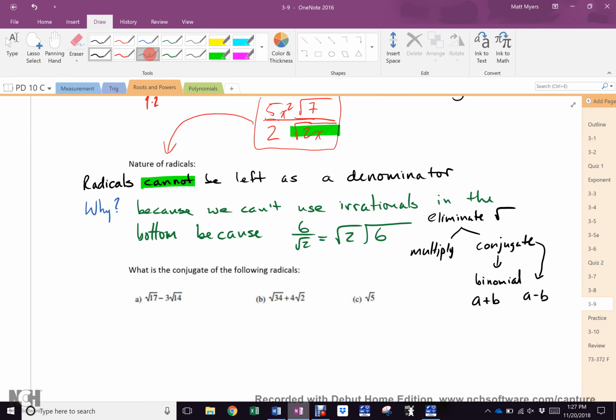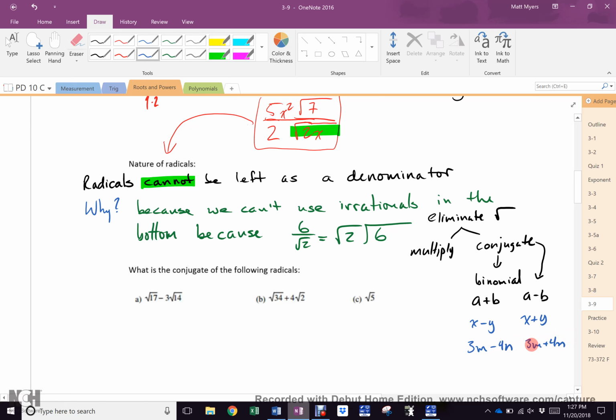If I start with x minus y, what's the conjugate? x plus y. What if I start with 3m minus 4n? What's the conjugate? 3m plus 4n. Right? The sign changes in the middle. Everybody cool?